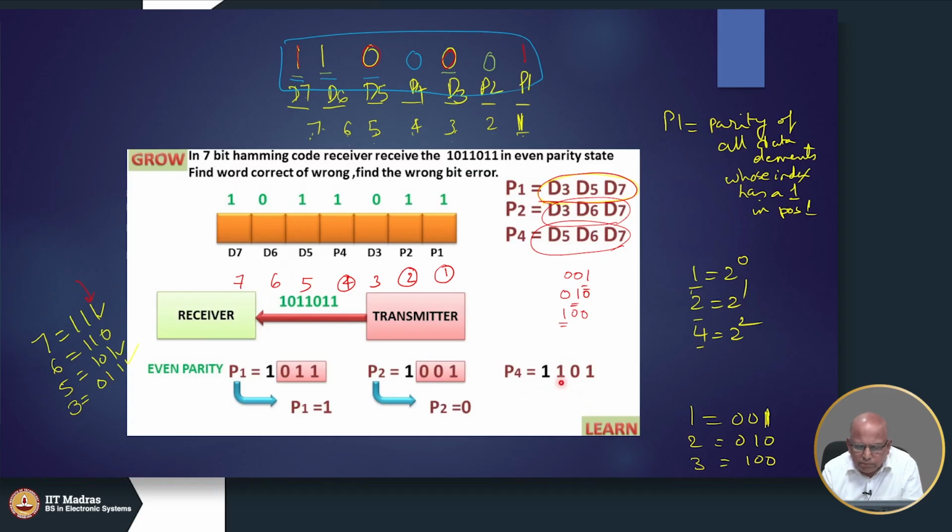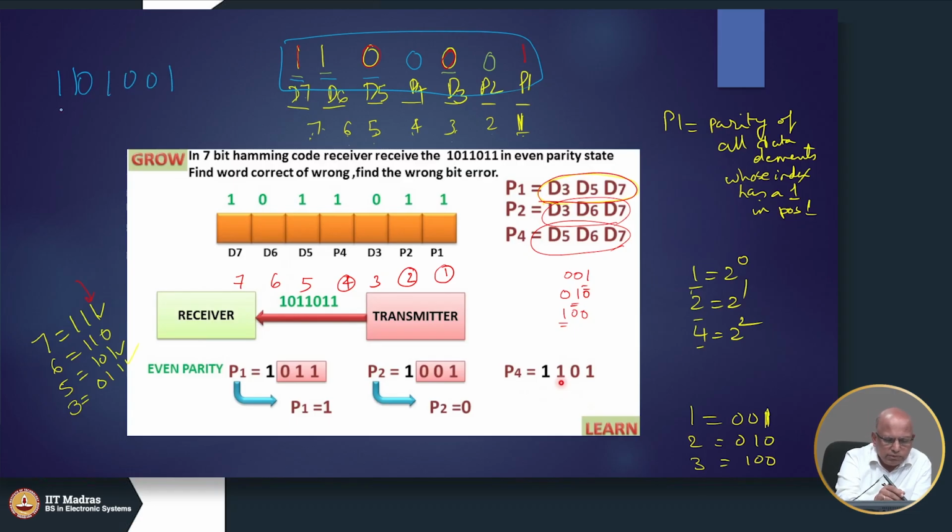Now, when we read from the memory, it is possible that we receive some, maybe one bit has gone bad. Okay. So let us say we receive 1101001.